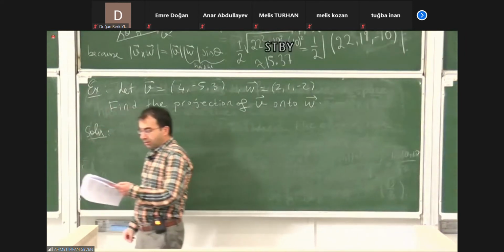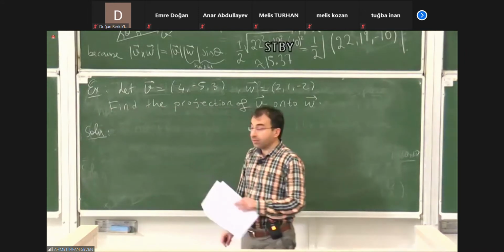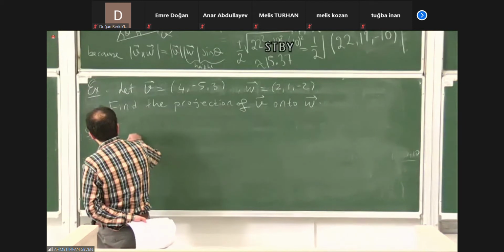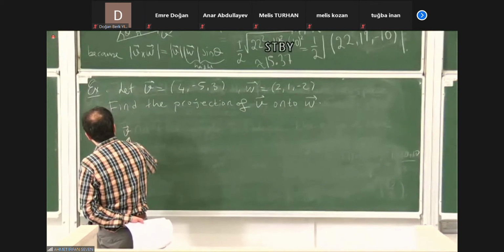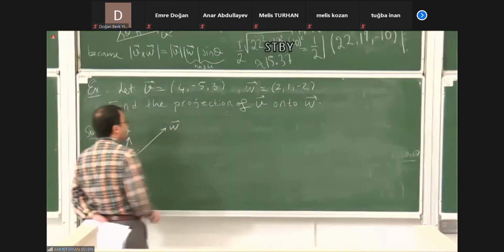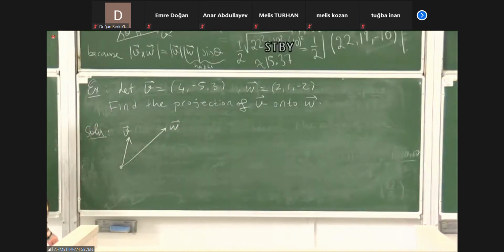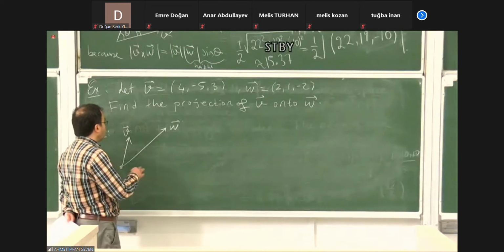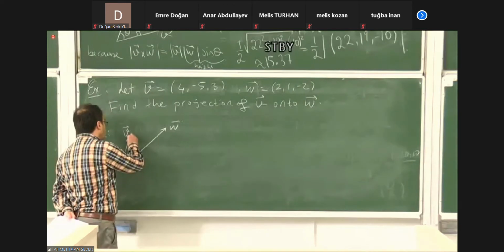So here we will use a formula. Let me remind you how this works. This is the vector V. This is the vector W. These may not be actual lengths, but to give a picture, I have this one.